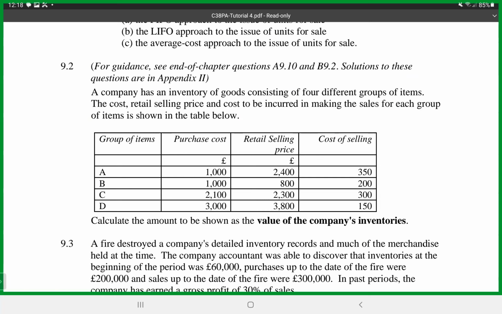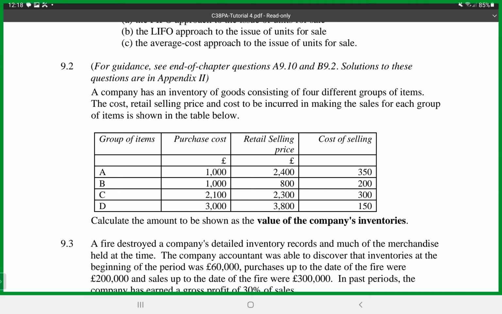These are different methods that you have to use. According to the guide that has been given here, you have to use the net realizable values and the cost method of valuation. There are different methods of valuing. You can still value this using the net realizable value, but it's just a suggestion that you may use the cost for the first and the last item. It's not fixed that it has to be like that.